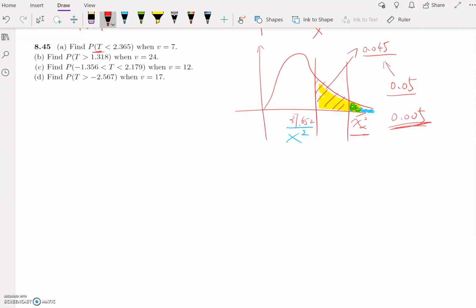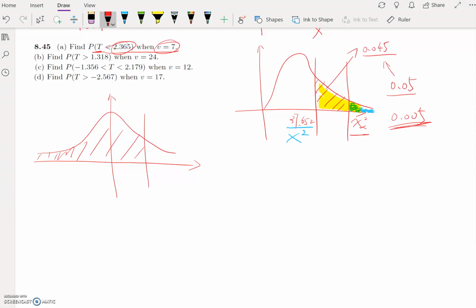Find the probability that t is less than 2.365 when V is 7. For the t-distribution, the curve looks like that. So you want to find the probability under this part of the curve.